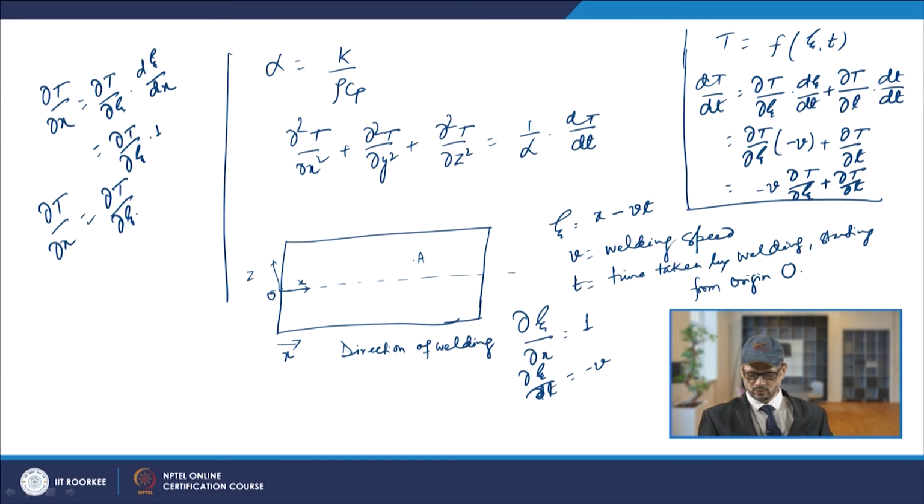Similarly, we can further differentiate these expressions to get the expression for dou square T by dou zeta square.